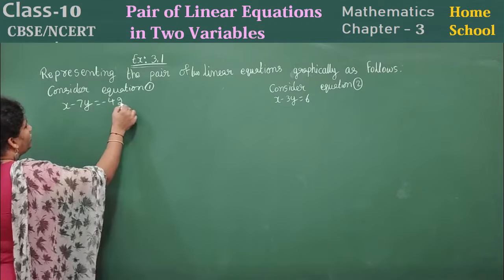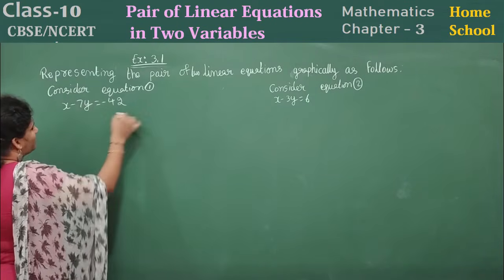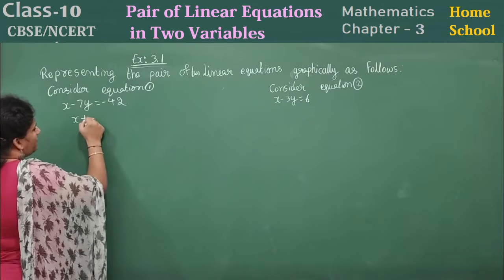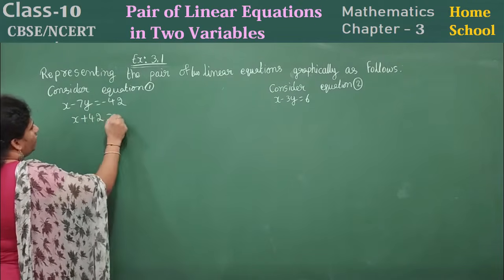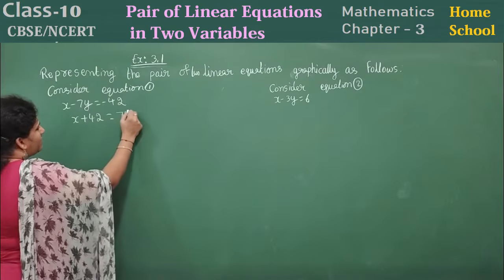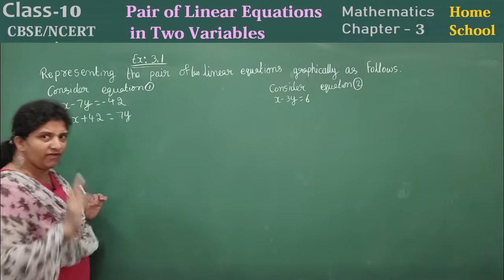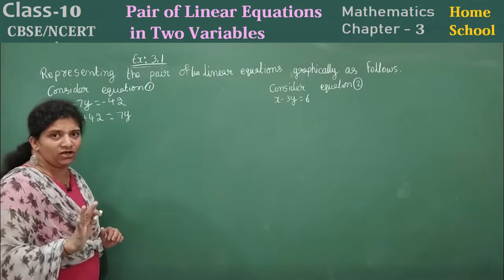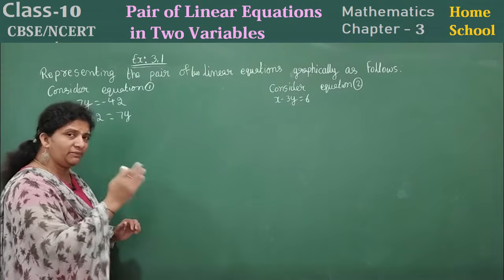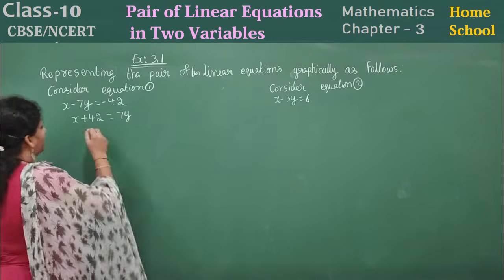First thing you should know, when you are doing a graph, you have to convert your equation into y. You have to rewrite your equation in the form of y. Look here, children, x minus 7y is equal to minus 42. So what you need to do? Minus 42, bring this side, 7y this side. x plus 42 minus 7y will be plus 7y. I need only y, I don't want the 7 multiple. So on the other side, it will be dividing.